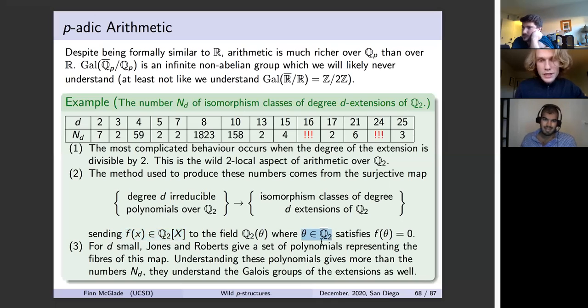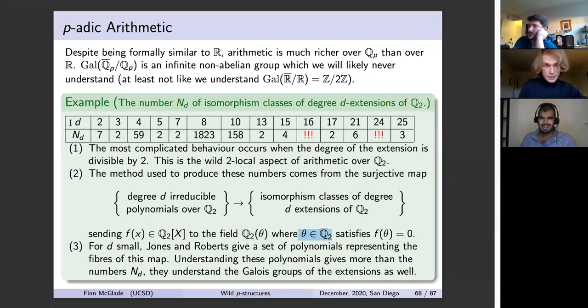The algebraic closure is the thing where all polynomials have roots, so you can always find roots of polynomials over Q2 in Q2 bar. Then you just adjoin this root to Q2. This will give you some degree d extension of Q2, and its isomorphism class will be independent of the choice of theta. So you have a map like this.